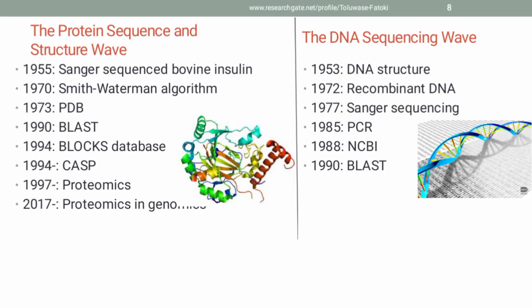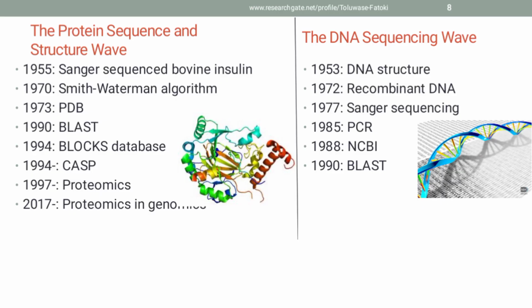Then in 1994, the BLOCKS database, which is a database with which one can determine the particular motif present in a protein or protein family, was also developed. Then CATH, which is a database for classification of proteins, was also developed. Then proteomics, which is an omics technology that involves the study of the total proteins present in a specific organism at a particular point in time.